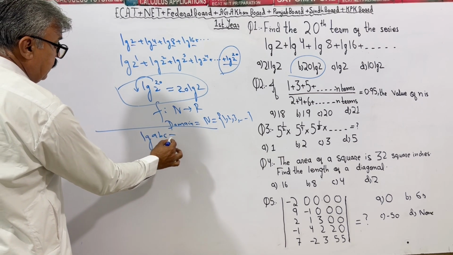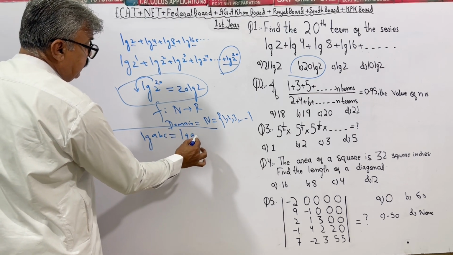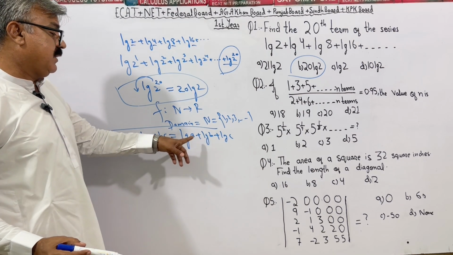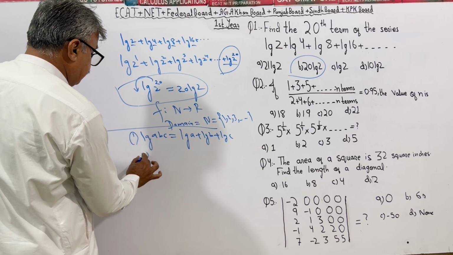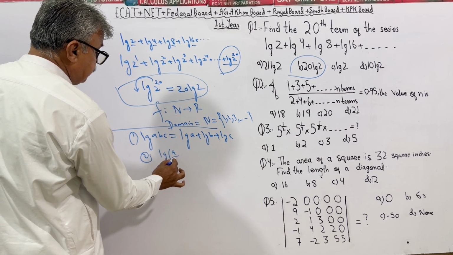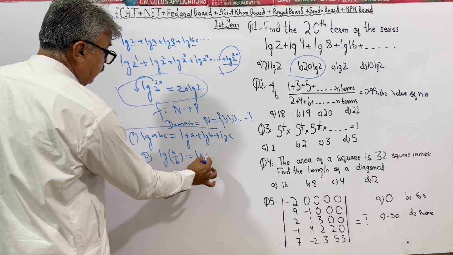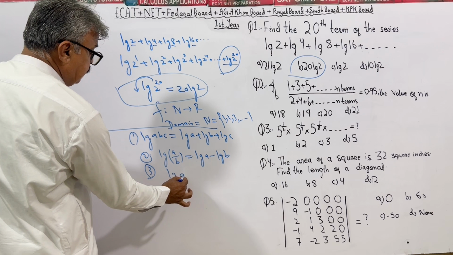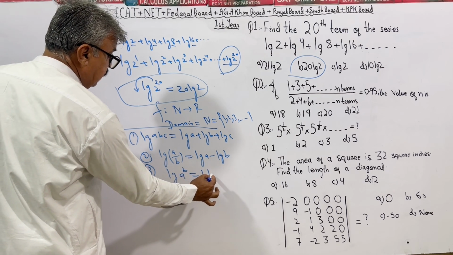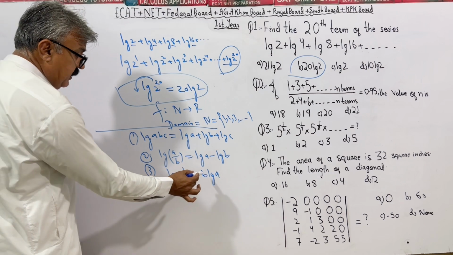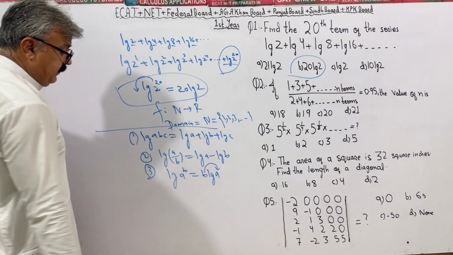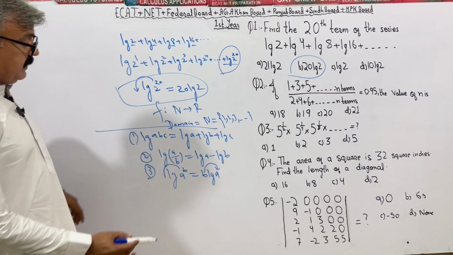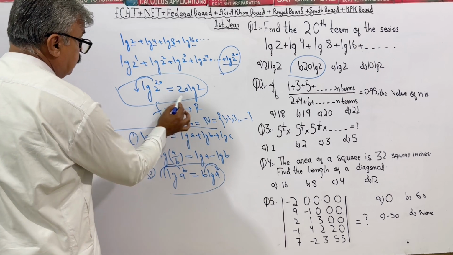First, multiplication can be converted into addition by giving separate logs: log of ABC can be written as log A plus log B plus log C. Second, division can be converted into subtraction by giving individual logs: log A minus log B. The third is that power can be turned into coefficient: log A raised to B can be written as B times log A. We have utilized that one: power converted into coefficient.